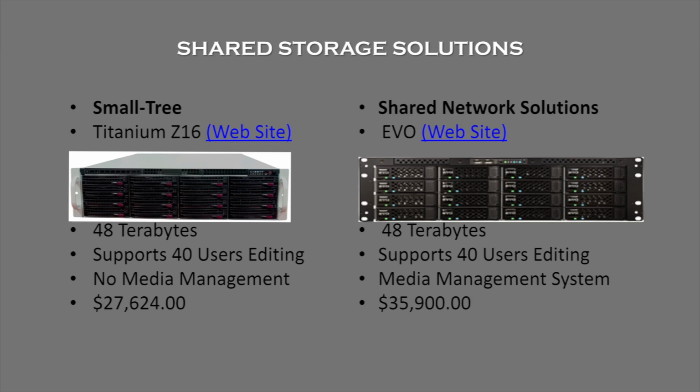At the 35 megabit that we shoot on our JVC cameras, and we edit in that format, I can support 40 users. The second device is a place called Shared Network Solutions, and it's called EVO. Same device, 48 terabytes. I can support the same number of streams across that device with what we shoot at.